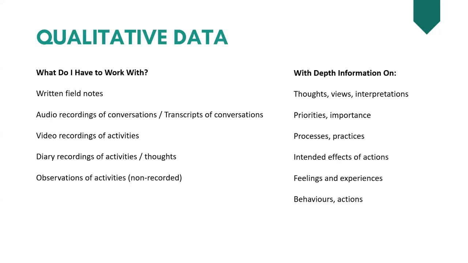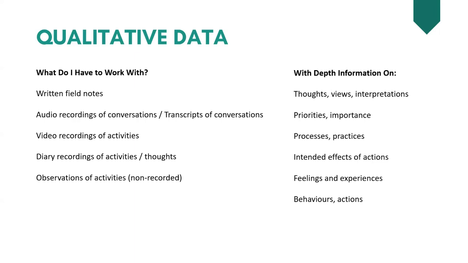We get information about processes, practices, intended effects of actions, even if they're not the actual effect that happens afterwards. We get information about feelings and experiences, and we get information about behavior and actions.